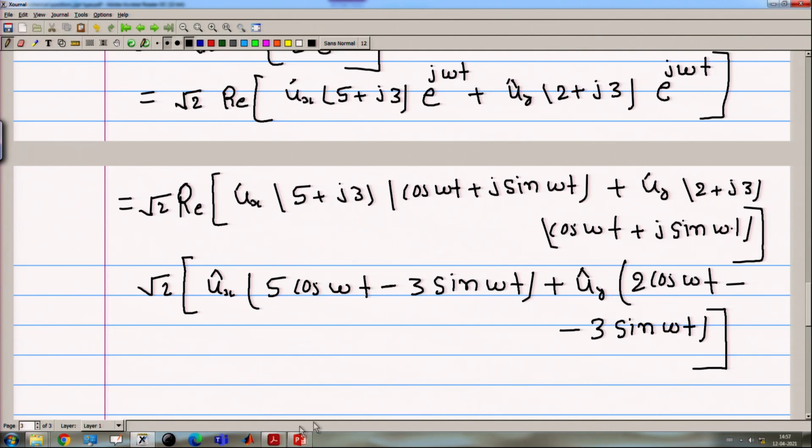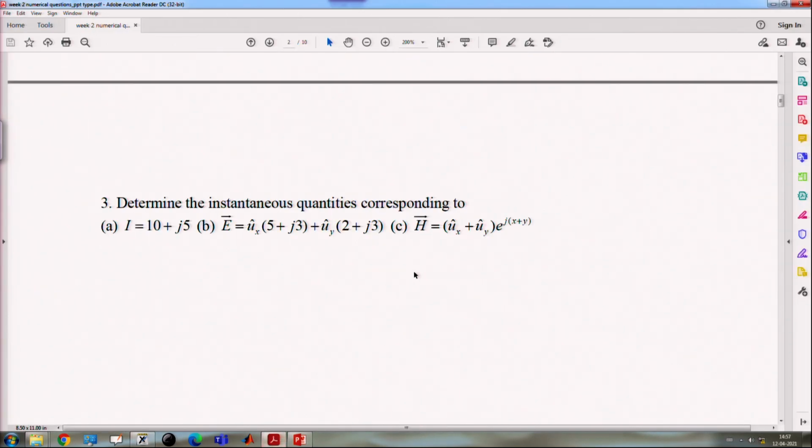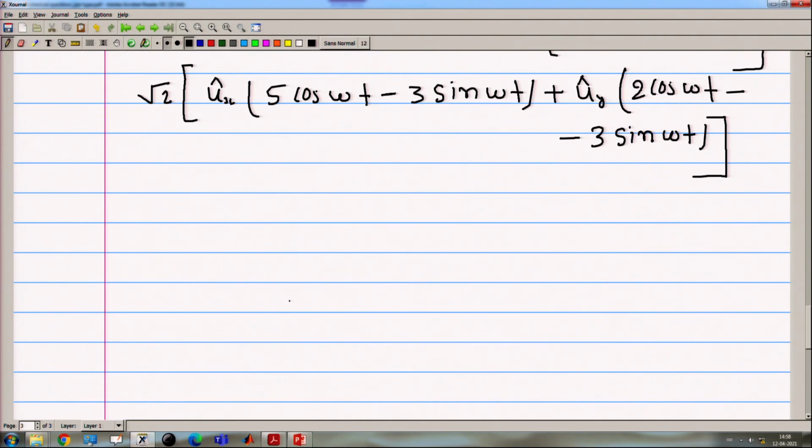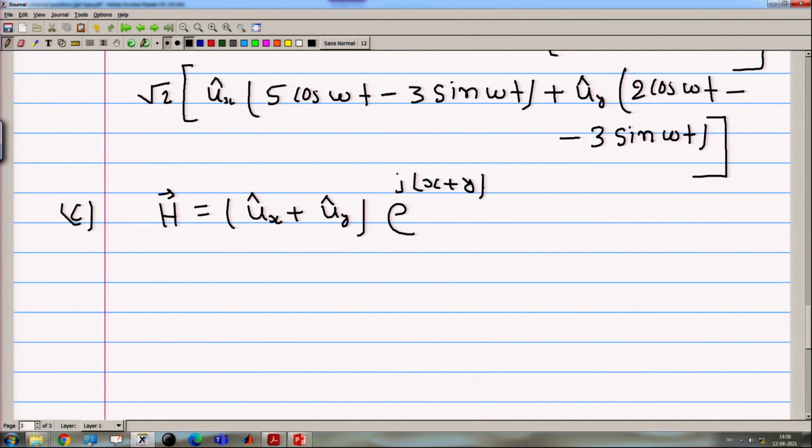For the next part, H is given: ux plus uy into e to the power j (x plus y).